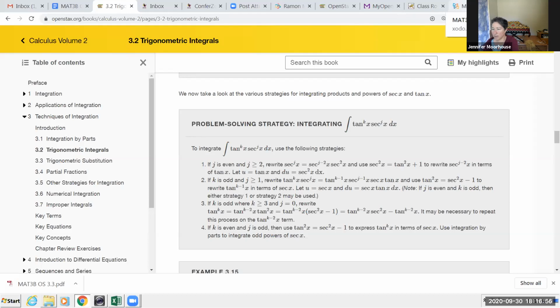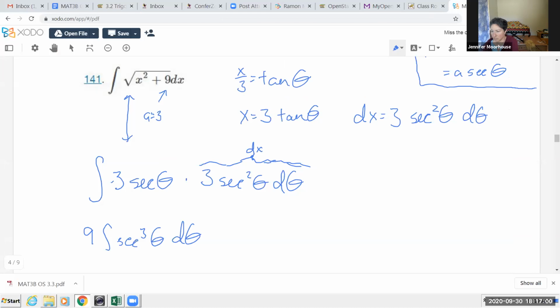I'm not sure if that's going to work here. Let's see. If we use the identity secant squared is 1 plus tan squared, does that help us? Or are we just using integration by parts?